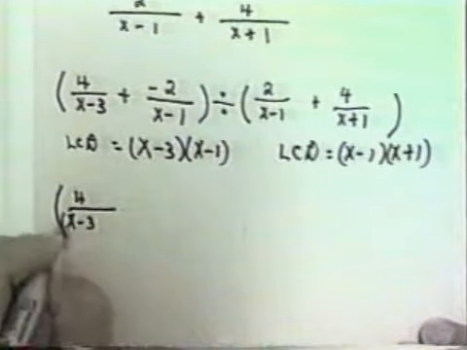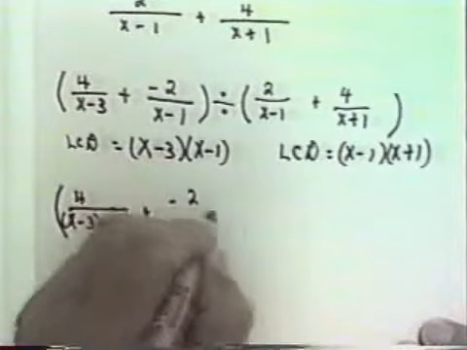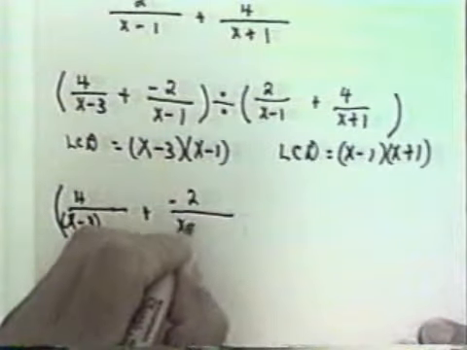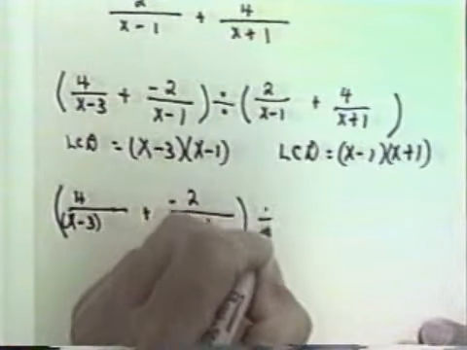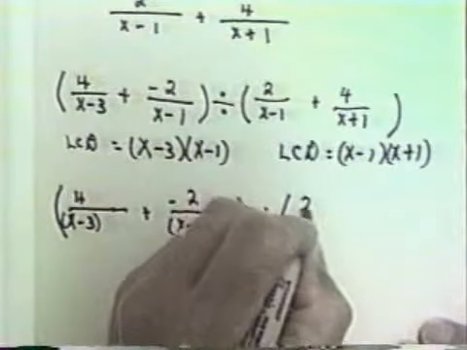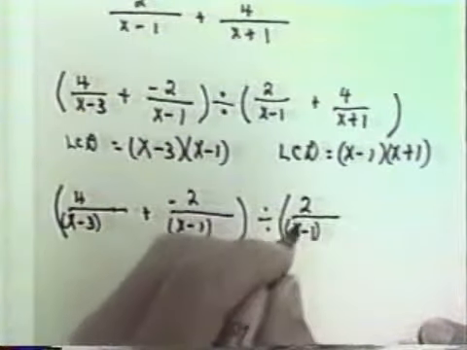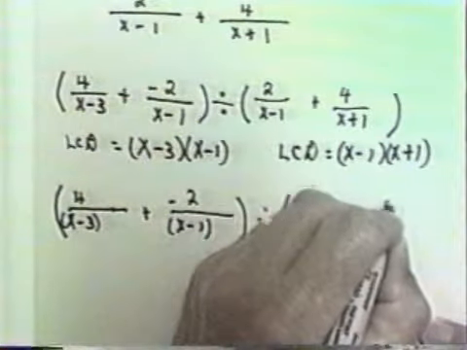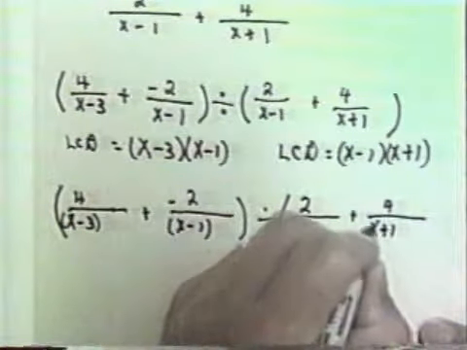So I have 4 over x minus 3 plus a negative 2 over x minus 1 divided by 2 over x minus 1 plus 4 over x plus 1.